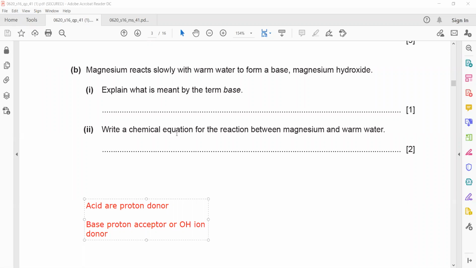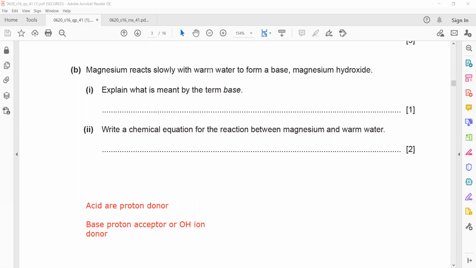The next is write a chemical equation for the reaction between magnesium and warm water. Yeah, that's correct. Magnesium plus water gives, but it's warm.